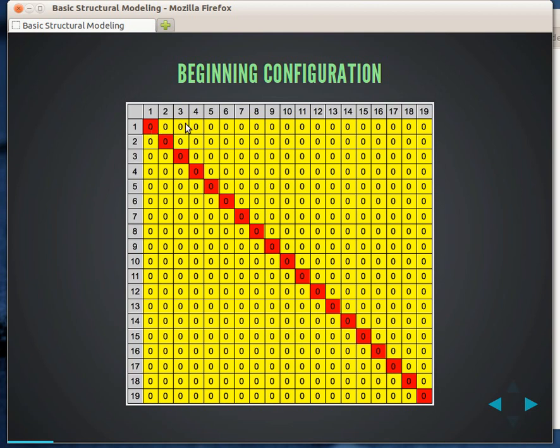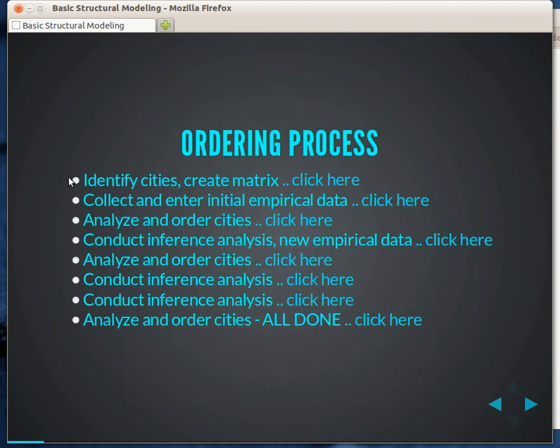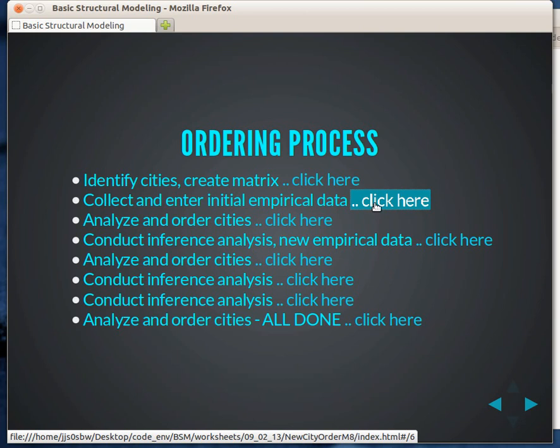In this particular case, we're not going to allow a city to be north of itself. So all of the entries on the diagonal are known to be false because we do not allow, logically, cities to be north of themselves. That's the basic situation you start with. We've identified the cities and created the matrix. Now we'll collect and enter the initial empirical data.